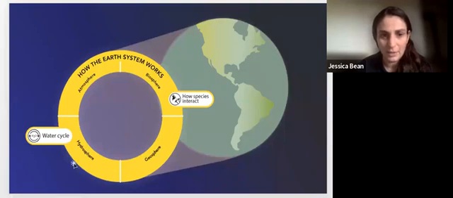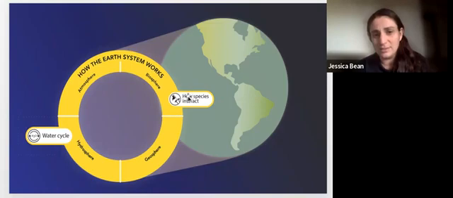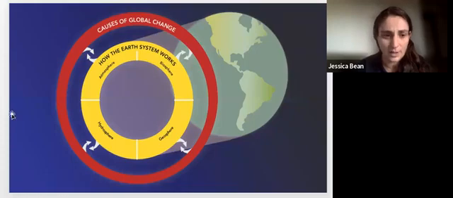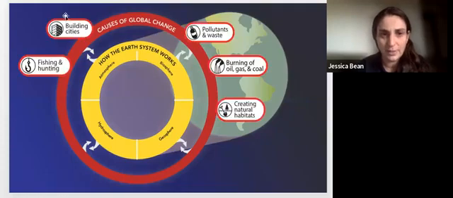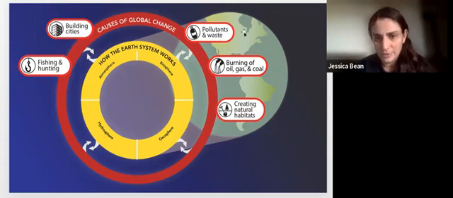And a lot of you were talking about things related to the water cycle and also how species, including humans, would interact in their environment. And then if we think about what those causes are that you mentioned, I introduced some of these ideas in your model based on your questions: the building, cities, fishing and hunting, pollutants and waste, but we can also start thinking about burning of oil, gas, and coal.